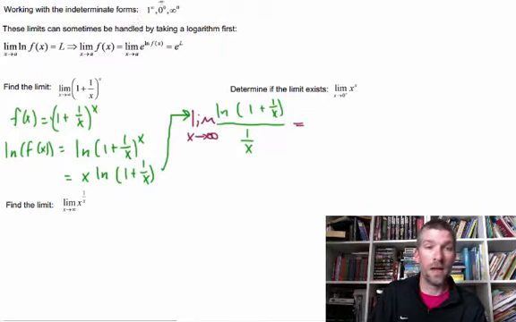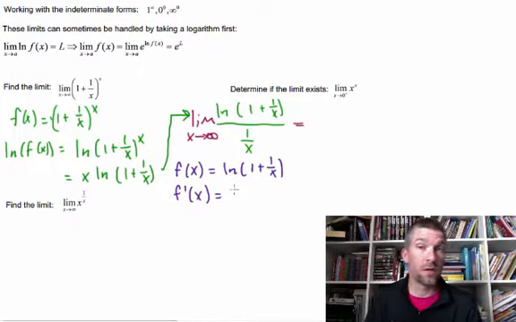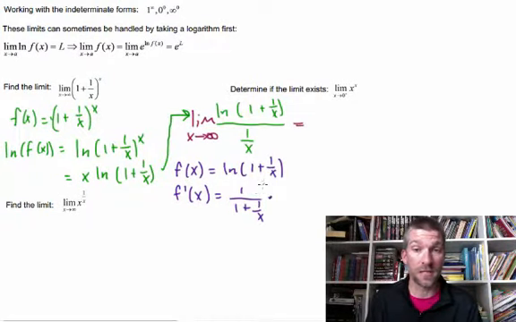Well, remember that on the bottom we're working with, well, let's just do this. F of x will be equal to the natural log of 1 plus 1 over x. So when you take the derivative of that, remember, derivative of natural log is 1 over what's inside the log, 1 over 1 plus 1 over x, times the derivative of what's inside the log.